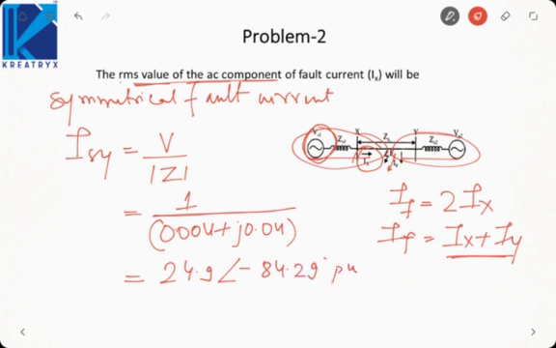Now if we have to calculate in actual values, we have to multiply it by base current. So 24.9 into base MVA by root 3 into base voltage will come out to be 3.59 kiloampere. That is your RMS value of fault current.